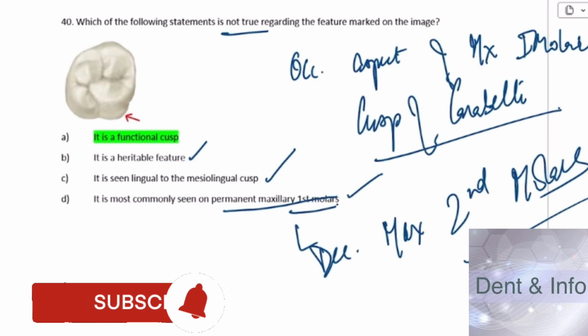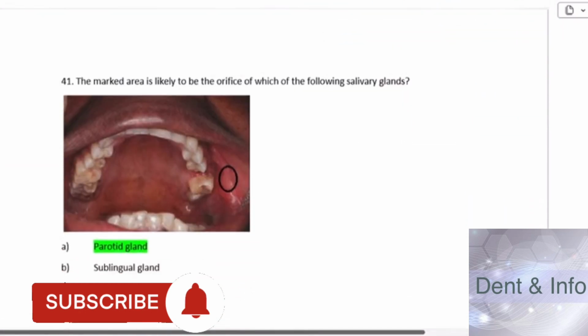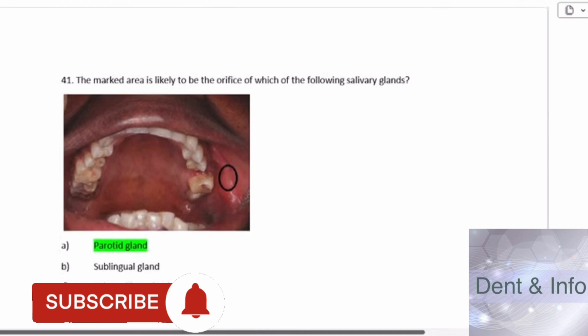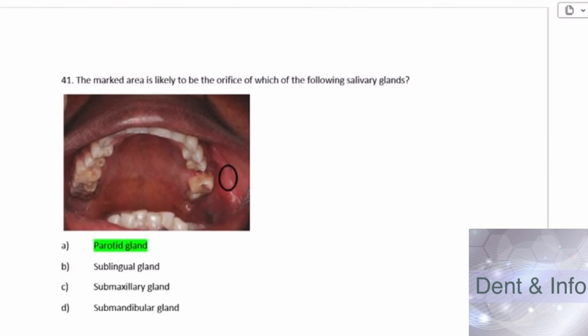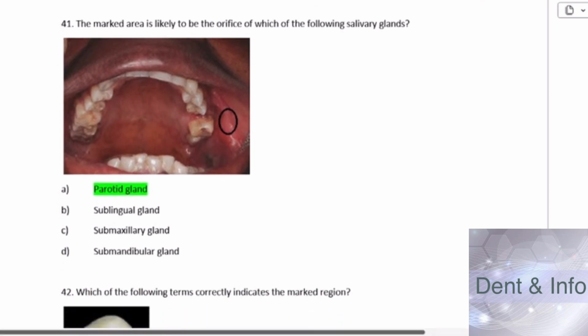Okay. Next question: the marked area is likely to be the orifice of which of the following salivary glands? So they have marked an orifice. We know that in this region, the buccal mucosa, the excretory duct which opens up in the buccal mucosa opposite to maxillary molars is that of the parotid gland. Even if first and second are not very clear in the picture, we'll go for parotid gland.